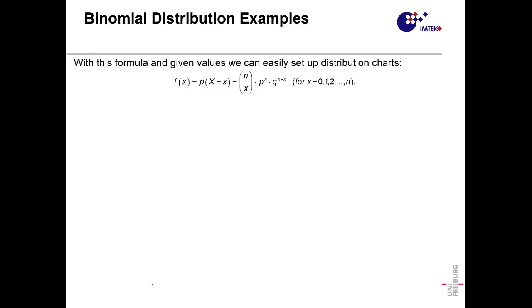So, for example, let's check out how they look graphically. If you have n experiments, of course, p and q especially will play a role, right? Because if you are talking about flipping a coin, if the coin is fair, you have p equals 0.5, right?